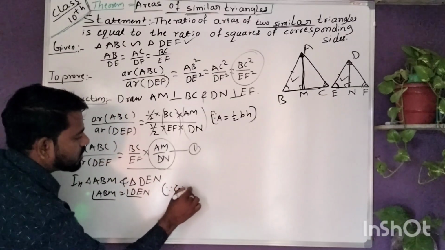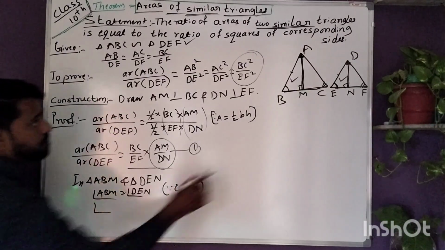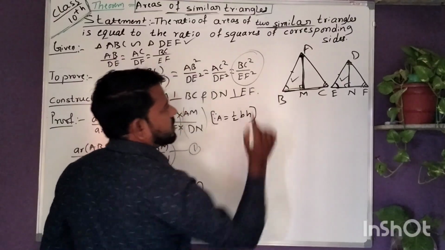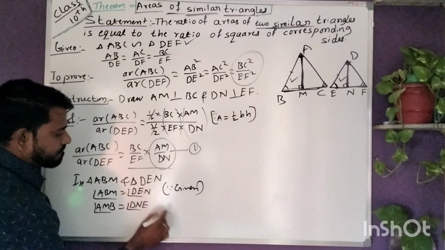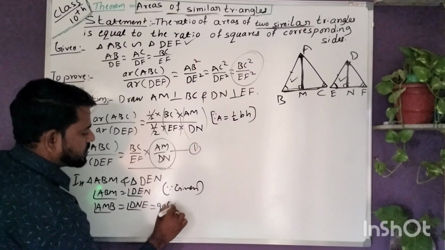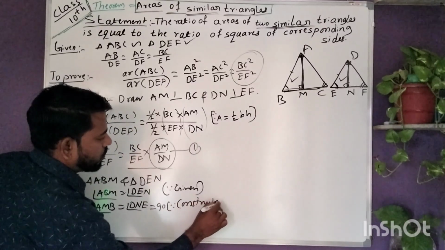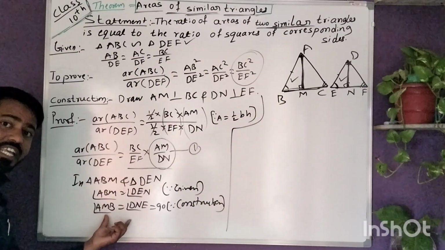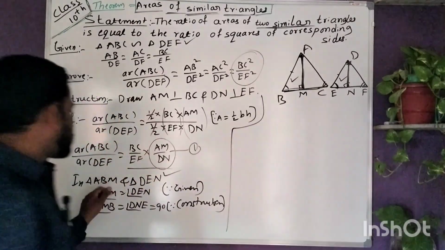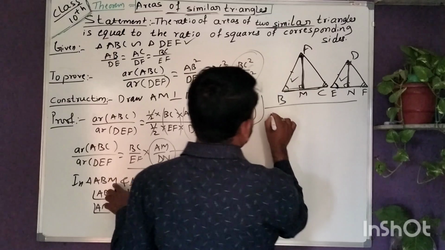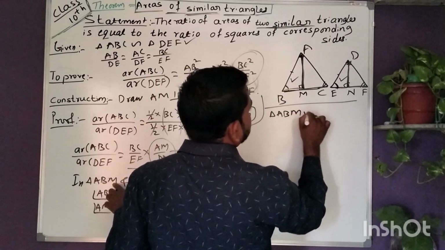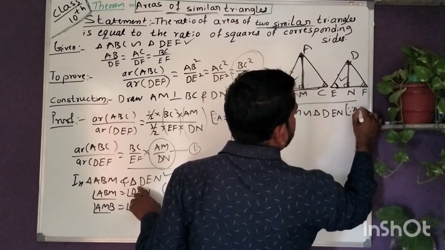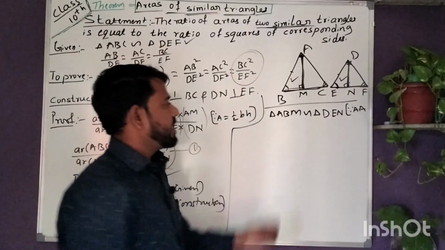So angle ABM is equal to angle DEN, because of the given similarity. Similarly angle AMB is equal to angle DNE, both are 90 degrees because of the construction. Therefore, if a pair of corresponding angles are equal, the triangles become similar. So triangle ABM is similar to triangle DEN by the AA similarity criteria.